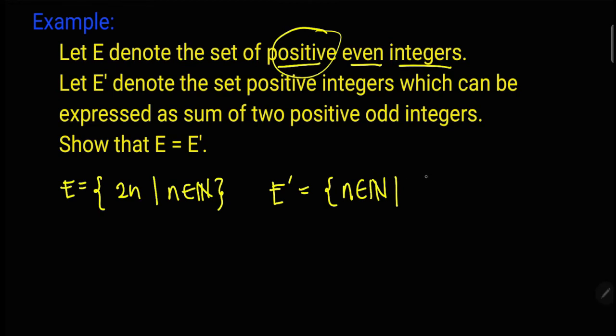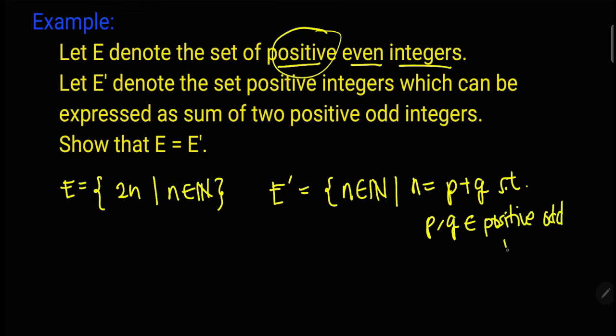To write that, we have n can be written as p plus q such that p and q are positive odd integers. So, that's our representation for E prime.